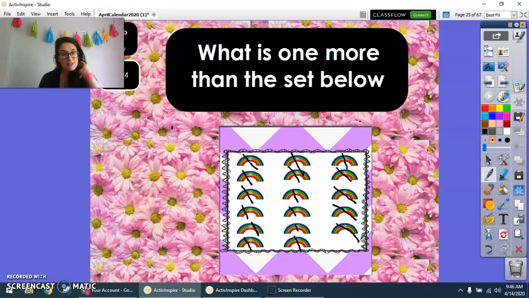So there were 17 rainbows. Now I need to find out what 1 more than 17 is. 1 more than 17 is 18. So the correct answer is 18.